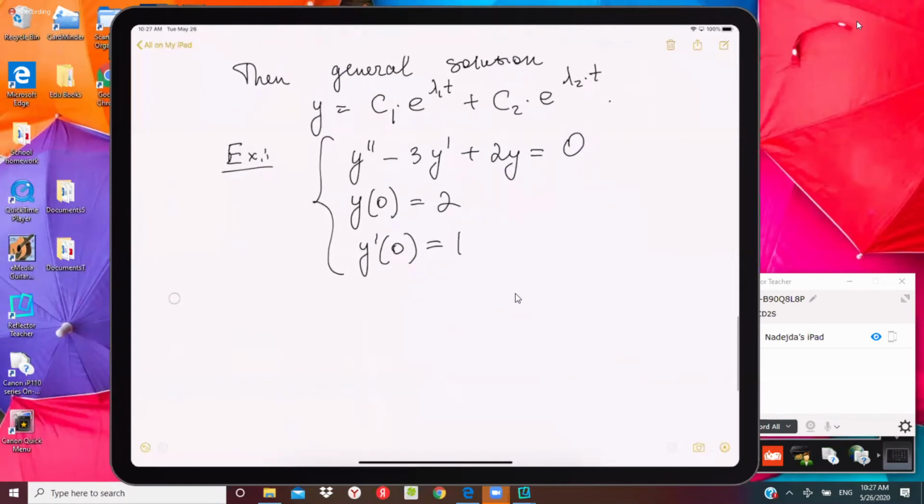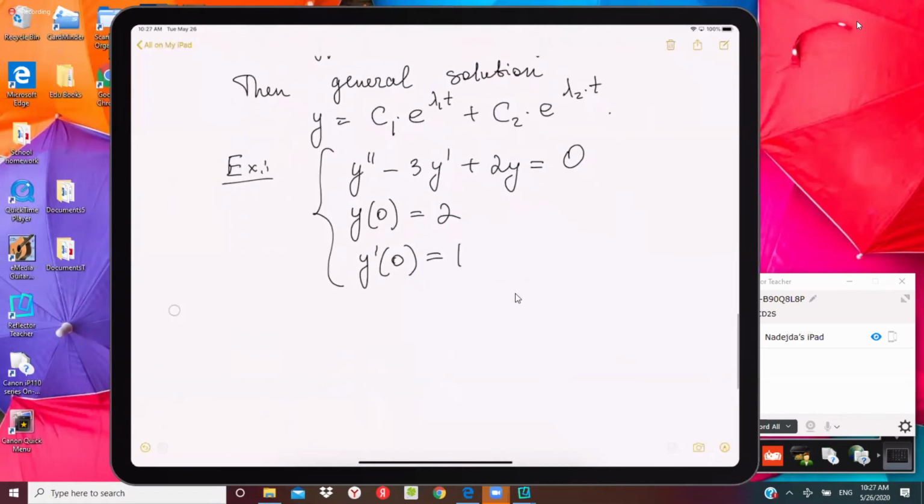All right, so the first step is to build the characteristic equation, and we already did that earlier. So again, replace y double prime, and we get lambda squared minus 3 lambda plus 2 equals 0, right? So this is the characteristic equation, and we're going to try to solve it.